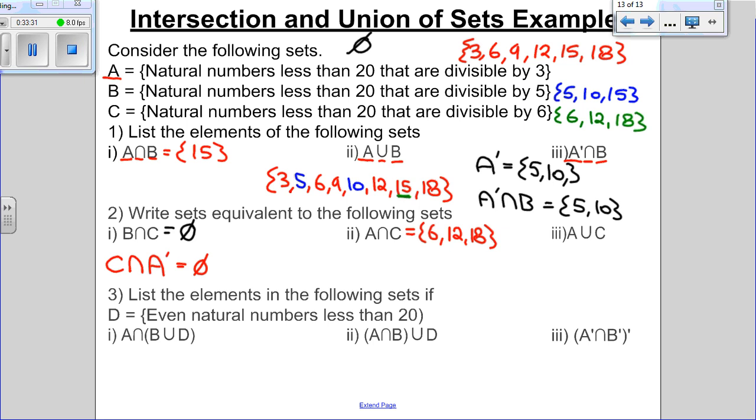Sometimes it's tricky coming up with equivalent sets. You could do the opposite, C and A. That would work, yeah. You could also do, what are the things in just set C? That would technically work.